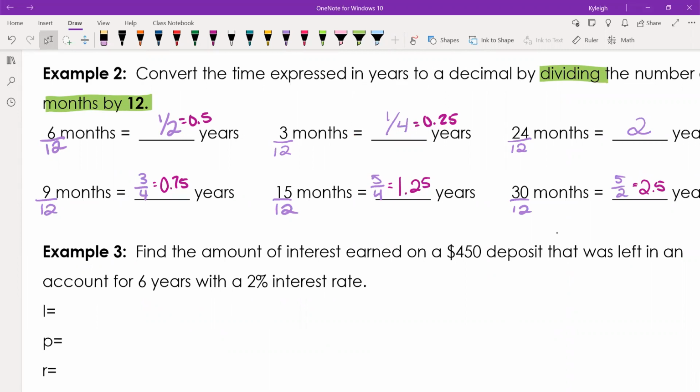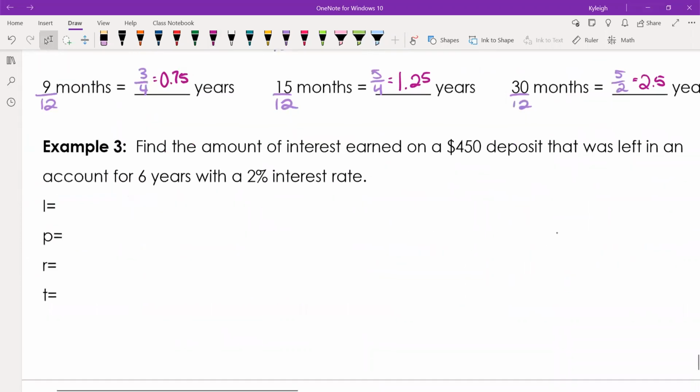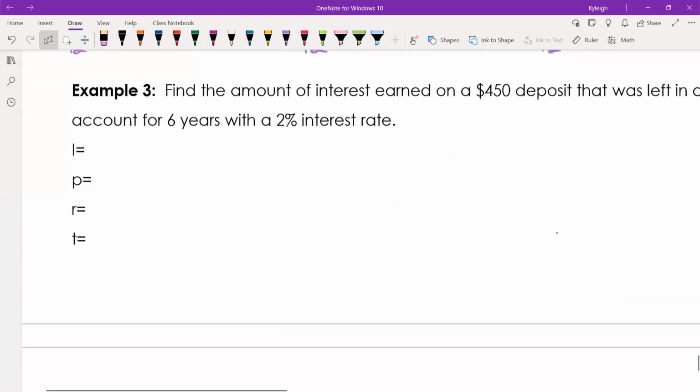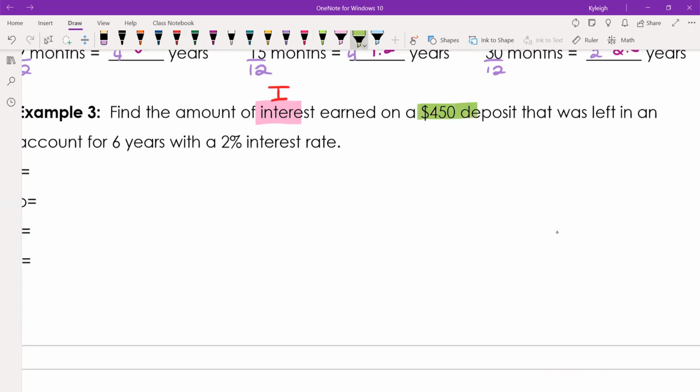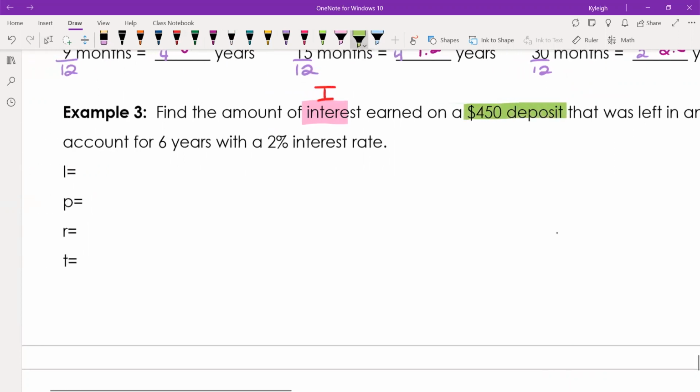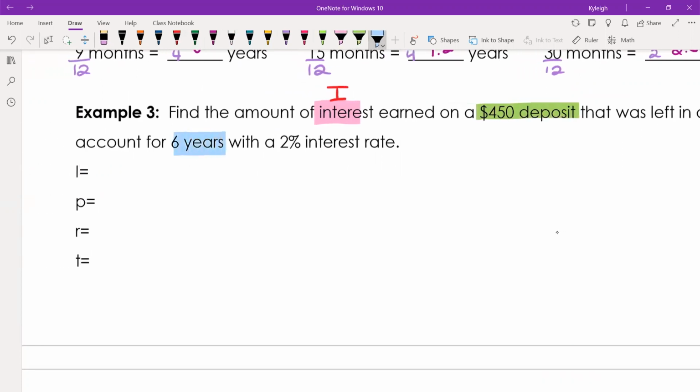So we just did a little bit of practice there. Let's do example 3. Find the amount of interest, which remember is your I, on a $450 deposit that was left in an account for 6 years with a 2% interest rate.